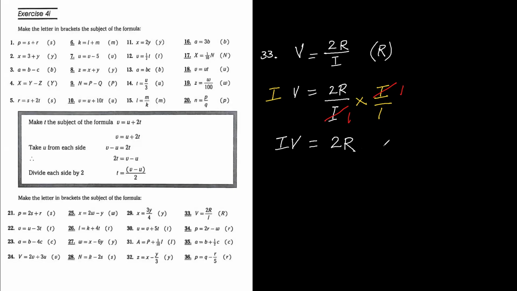All right, next question. Renisha, what's the next step? We are finding for R. So what's the next step, Renisha? So you divide by 2. You divide throughout by 2.